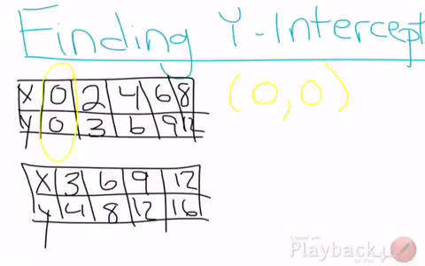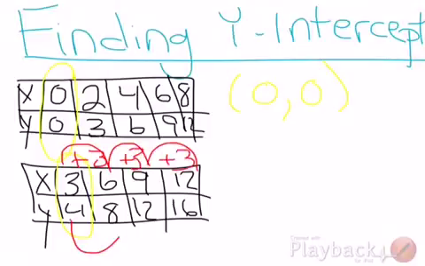Where you don't have x with a value of 0. And here the smallest one that you have is where x is equal to 3. And that won't work. So what you're going to do is just like we did with the slope, you're going to find your change in your x and your y. So here I'm always increasing by 3. And here I'm always increasing by 4.